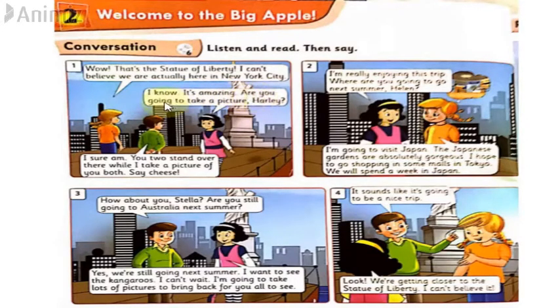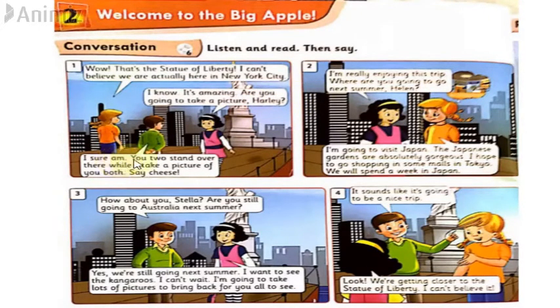Then, are you going to take a picture, Harley? She's asking this boy whether he is going to take a picture. So whenever we have to construct a question, we have to put the helping verb at the beginning of the sentence, as you can see in this picture. Are you going to take a picture, Harley? Now we have ended the sentence with a question mark.